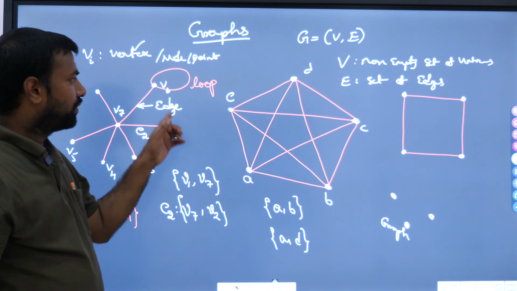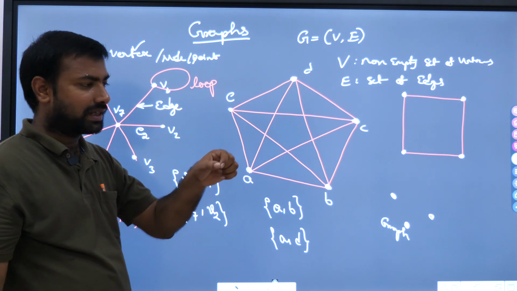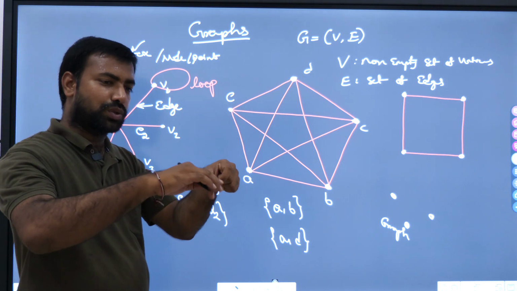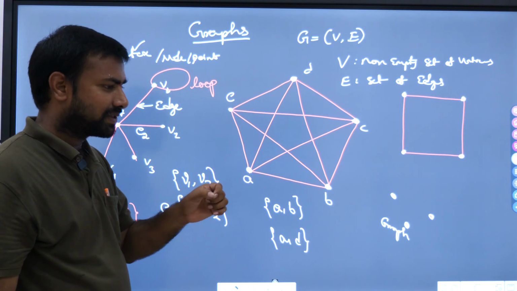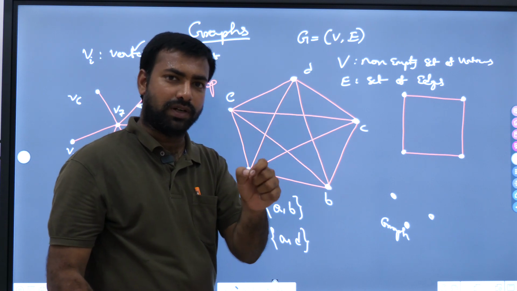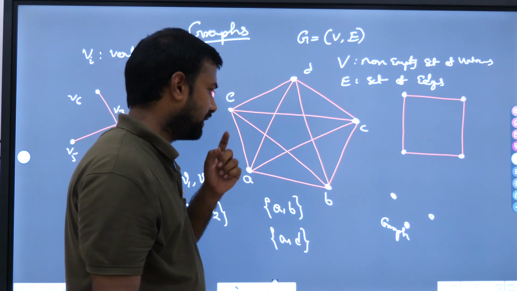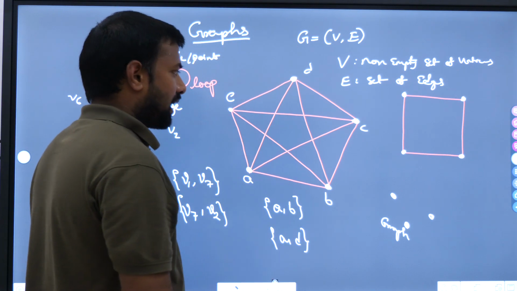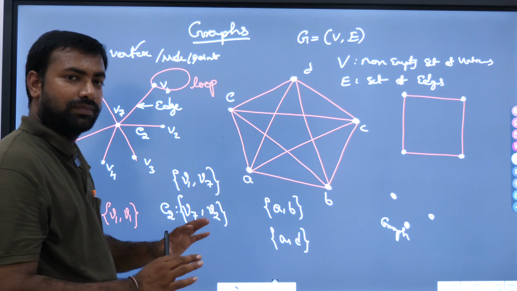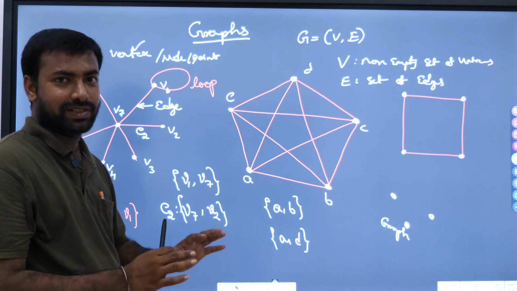We call an edge which connects a vertex to the same vertex a loop. I hope you understand what vertices and edges are in a graph.